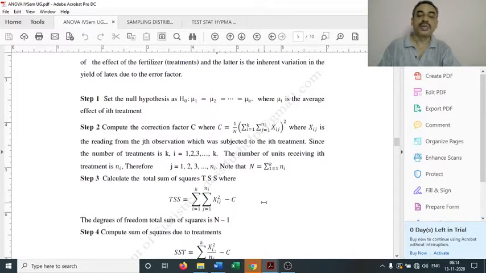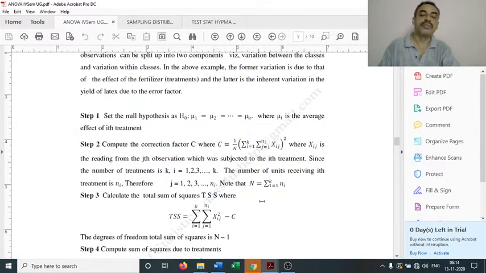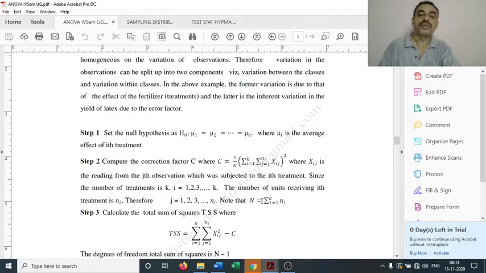All these are derived using the principle that the sum of squares of standard normals follows a chi-square distribution, and the ratio of two chi-square random variables follows an F distribution. The first step is setting the null hypothesis, that all the population means are equal: H0: mu1 equals mu2 equals etc. mu k.